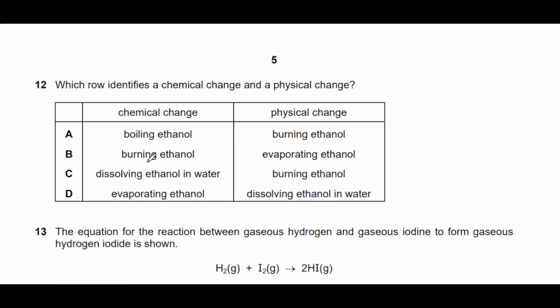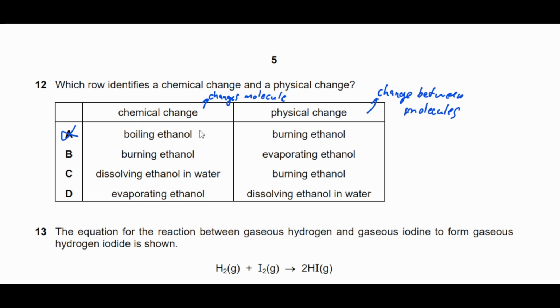Question 12. Which row identifies a chemical change and a physical change? So a chemical change is something that changes the molecule itself. Okay. Physical change will only change between the molecules. Right? So boiling ethanol is not chemical because boiling ethanol is physical.